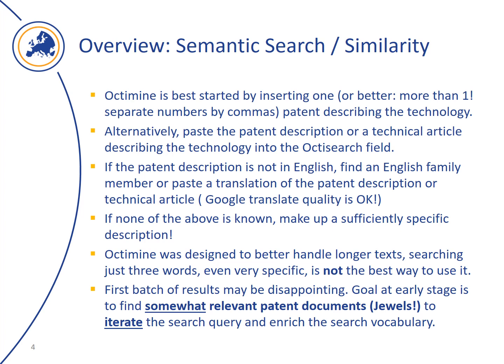Optimine and all the other semantic search software are designed to better handle longer text, because the really important thing about how this software works is that the software has, by relying on artificial intelligence, to distinguish which words are quite common also for other inventions, and which words are seemingly very relevant and very specific for a certain invention.